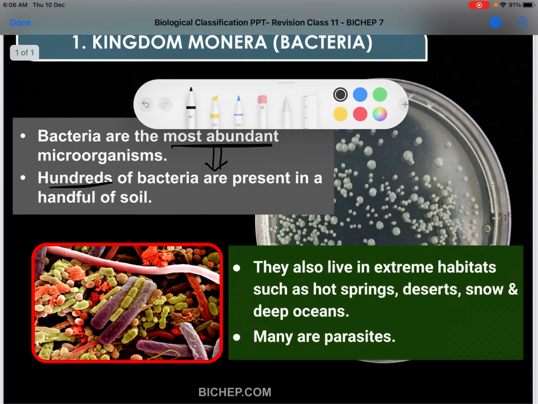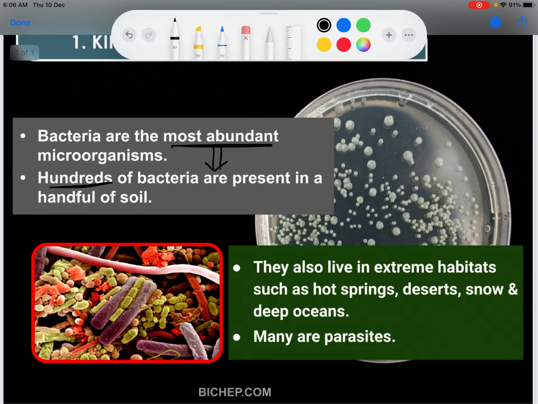The other important characteristic feature is that they also live in very extreme habitats. For example, in hot springs, in deserts, snow, even under deep oceans, and many of them are parasites.